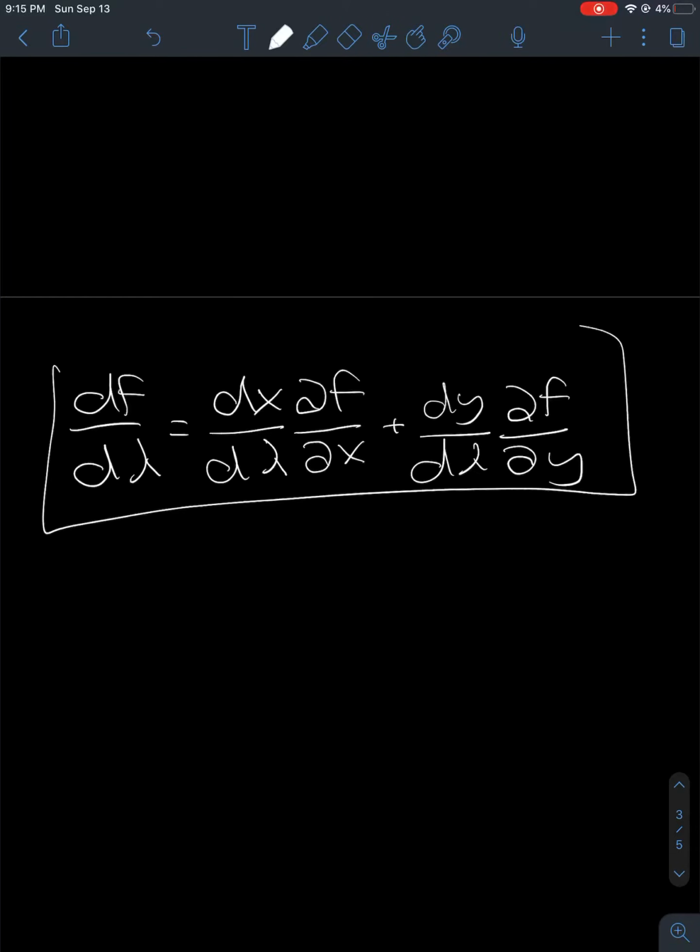That is called the multivariable chain rule.